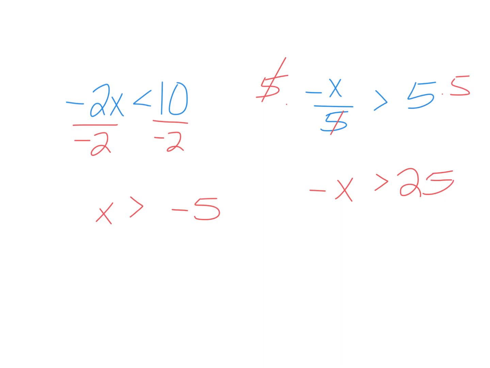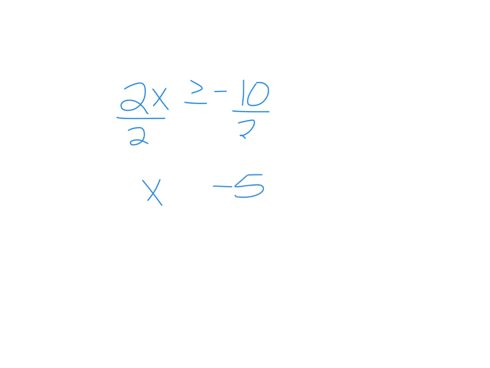Solving for x, what's my last thing? Divide by negative 1. It's negative 25, and then you flip the sign. Right, I need to flip the sign because I divided by a negative number.